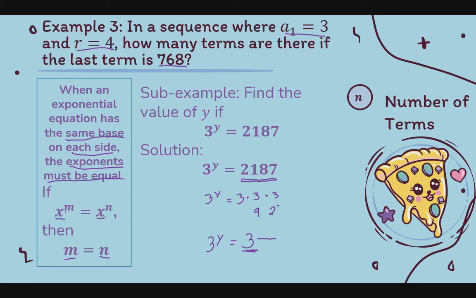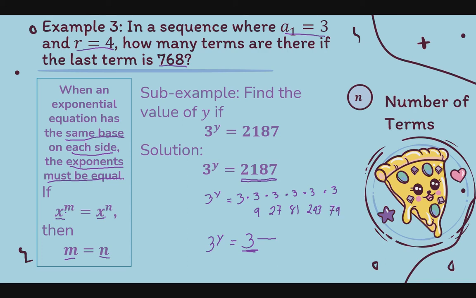So, another times 3 is 81, times 3 is another 243, times 3 is, what is 243 times 3? What do you think will be the answer when we multiply 243 times 3? Okay, very good. 729.